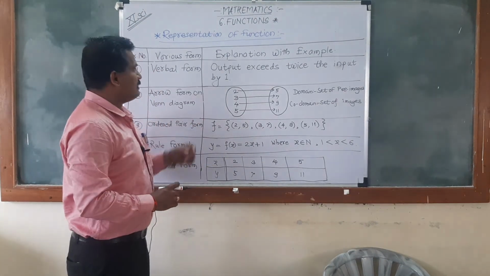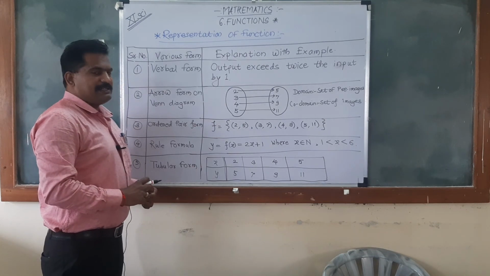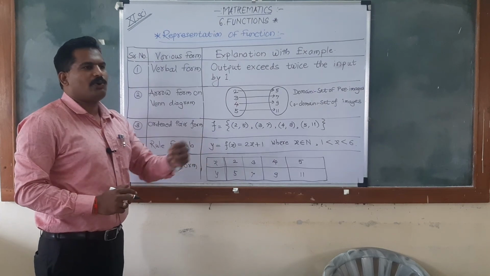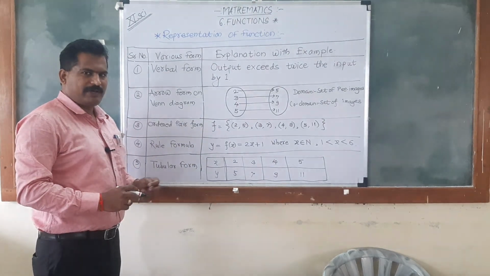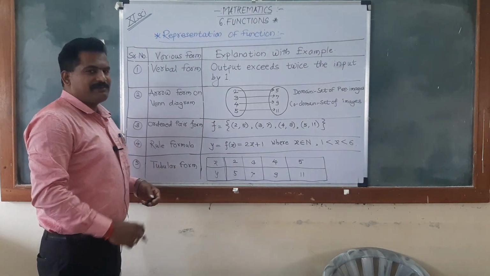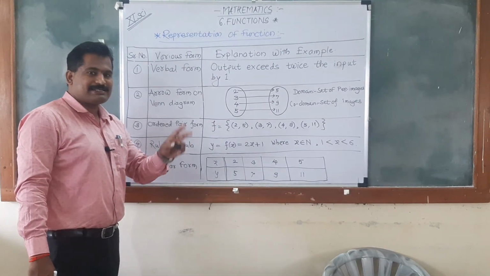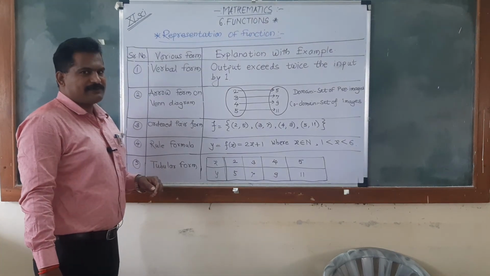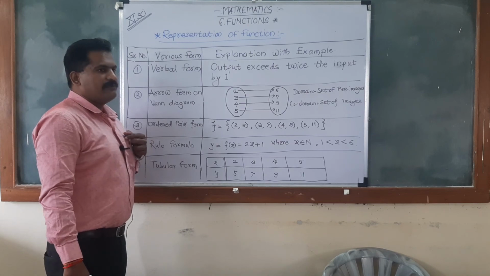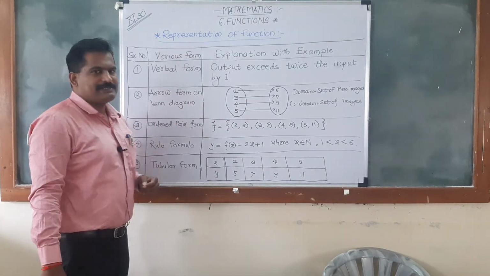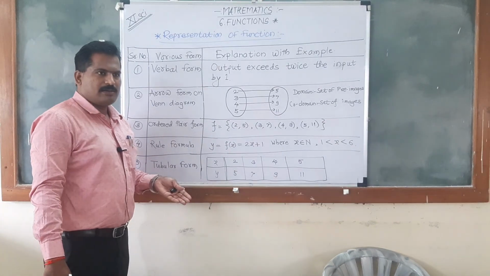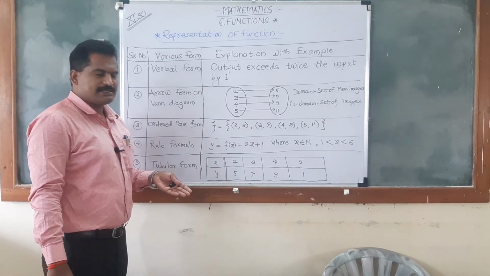We know what is meant by function: when domain and codomain interact with each other with some fixed relation, then it is called a function. Representation of function means in which manner we define the function.